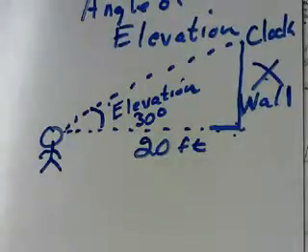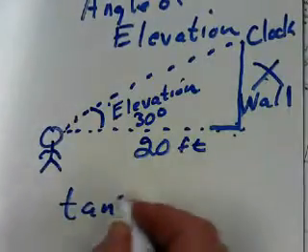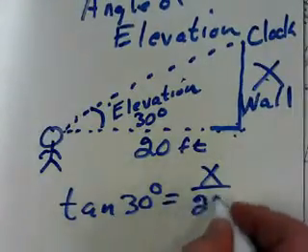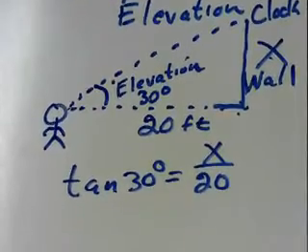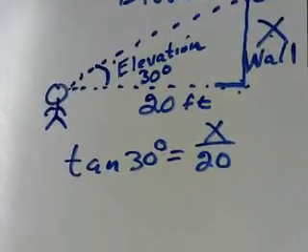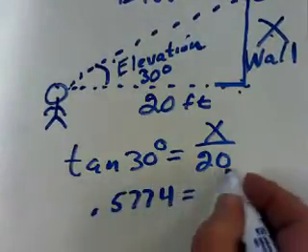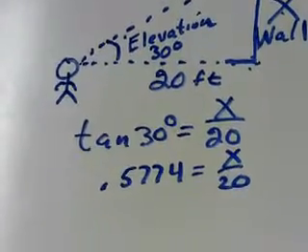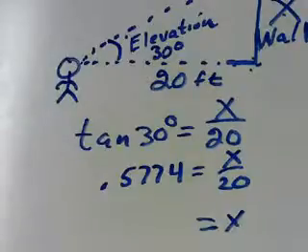It's adjacent, right? So couldn't I go tangent of 30 degrees equals x over 20? What's tangent of 30 degrees? 0.5774. So how far up the wall is the clock?